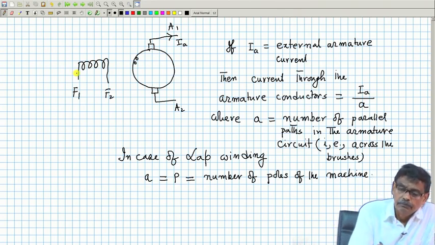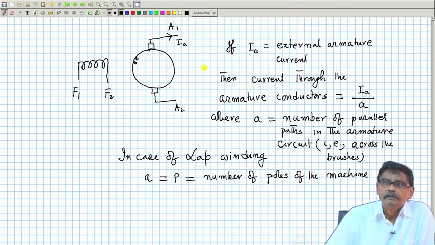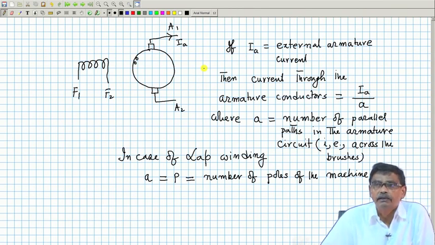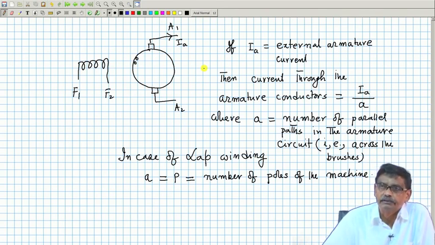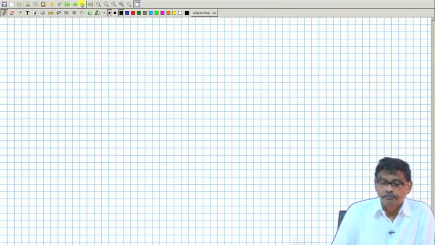I will be knowing the field current, which will create a flux along this line, and I would like to know what will be the EMF available across the brushes of the machine, across the armature terminals. On what factors it will depend and how to calculate that. So, let us try to do that first.